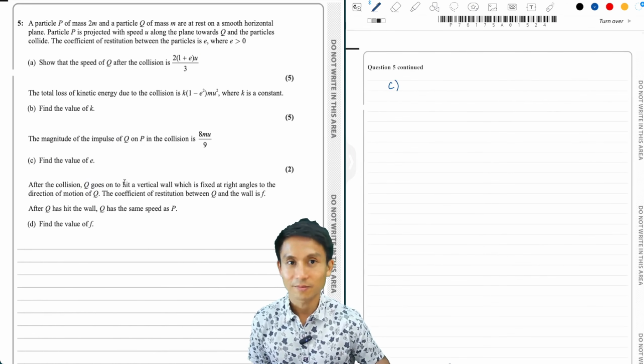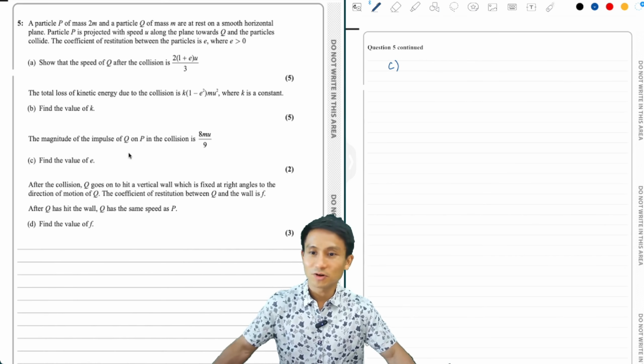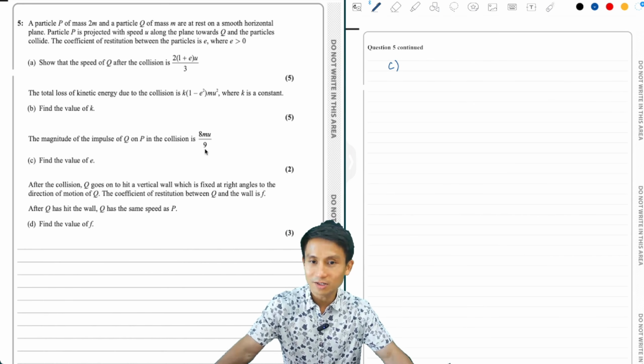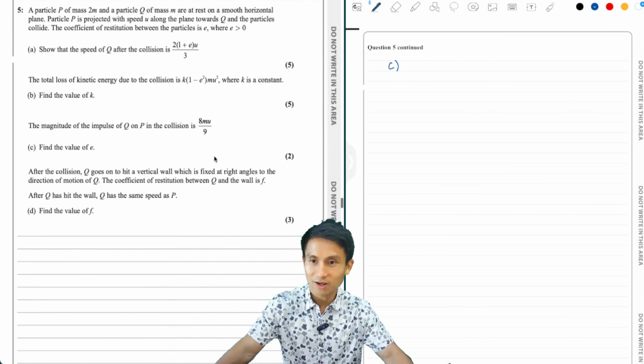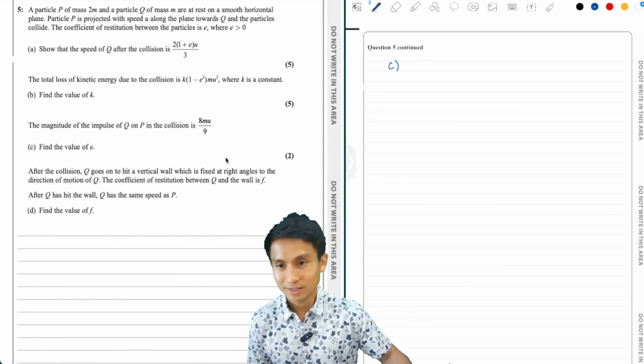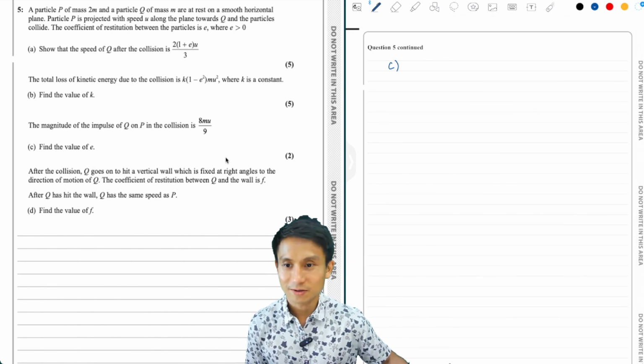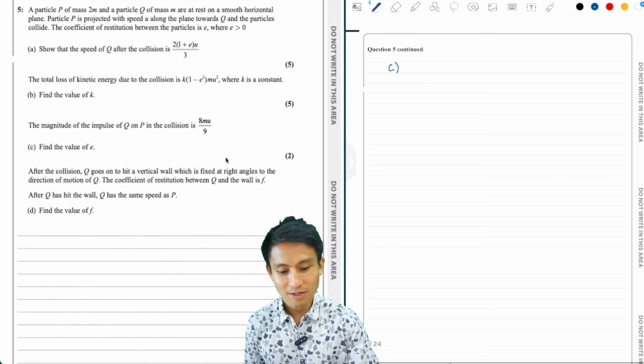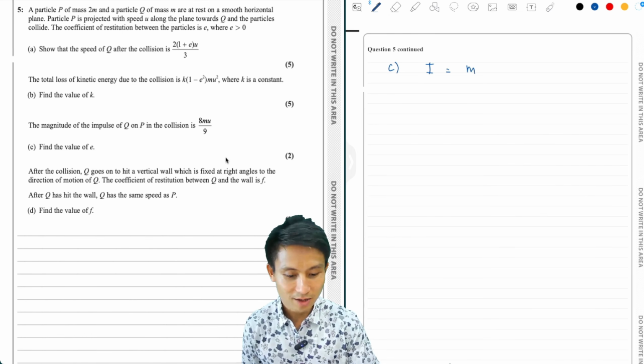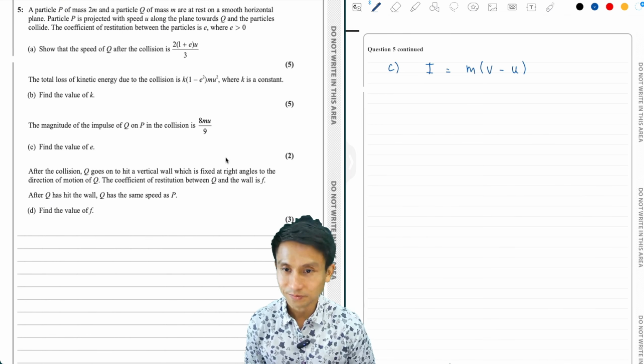Part C. The magnitude of impulse of Q on P in the collision is 8mu over 9. Find the value of e. Okay. So the value of e, impulse is m times v minus u again.